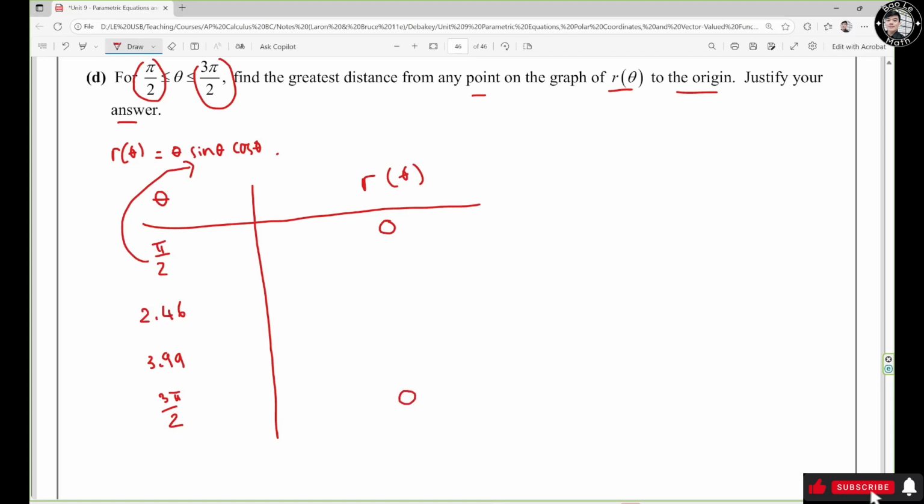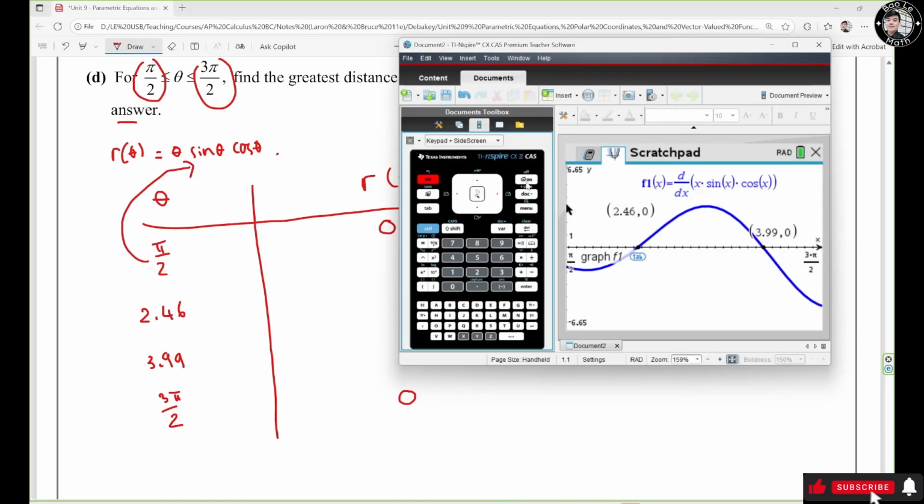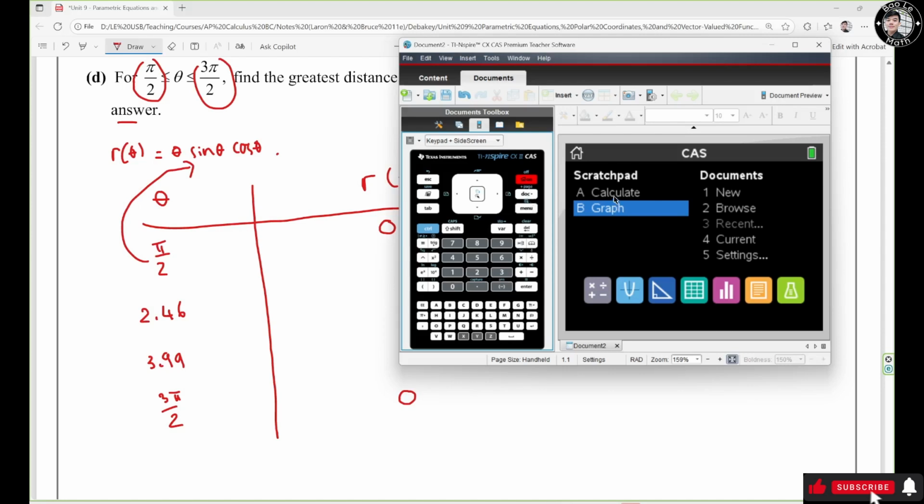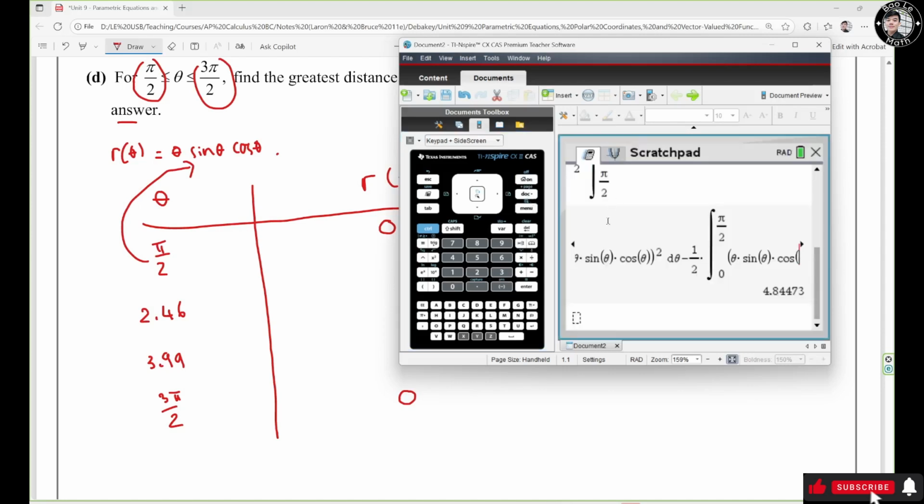Now, for 2.46, I'm going to go to the home screen and press calculate. I need to store the function, so press R parenthesis theta, then press control and the store button right here.